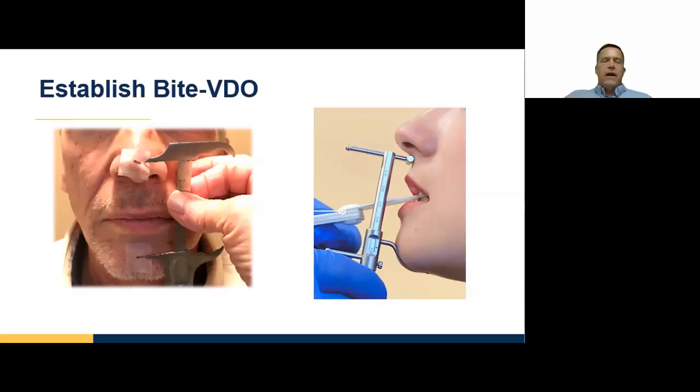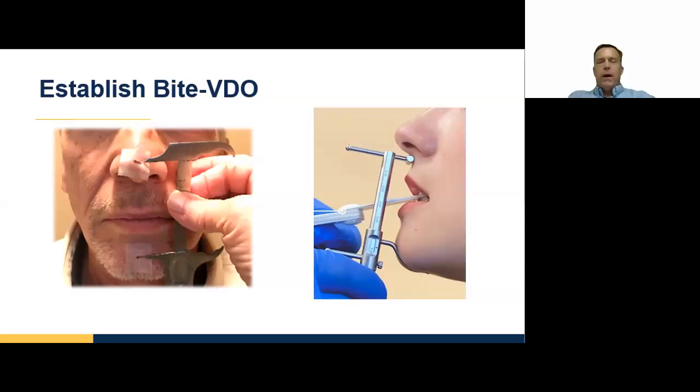So on the left-hand side, I have the traditional method, which is making marks and trying to find the vertical dimension of rest and then building VDO from that. But it seems like the instrument on the right, the Conmedier instrument, has taken the full arch world by storm. It uses facial proportions between the corner of the eye and the corner of the mouth to establish VDO.